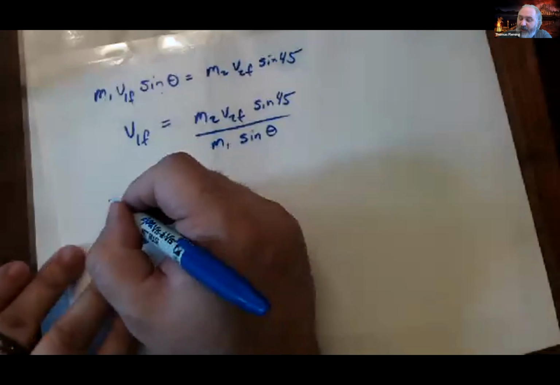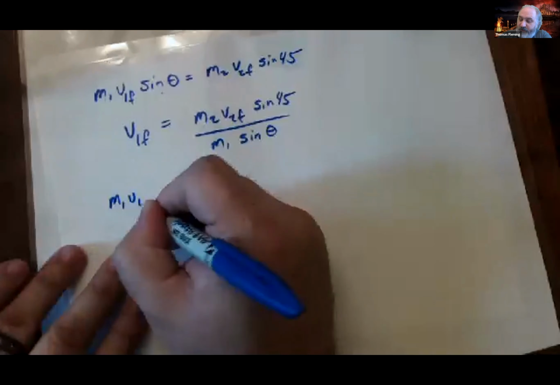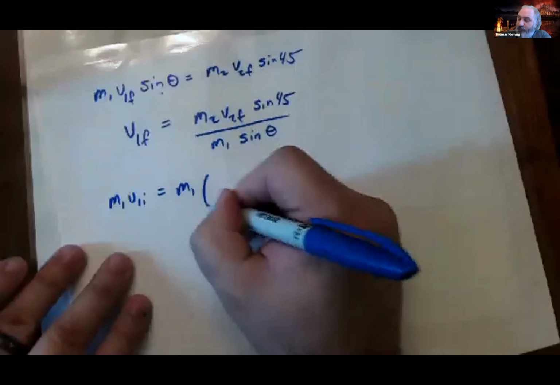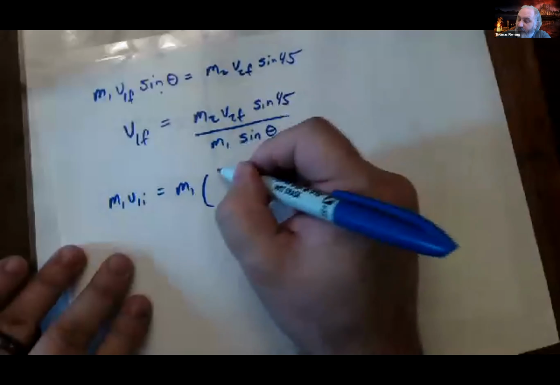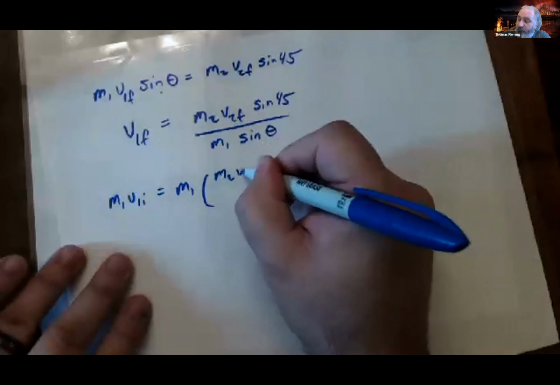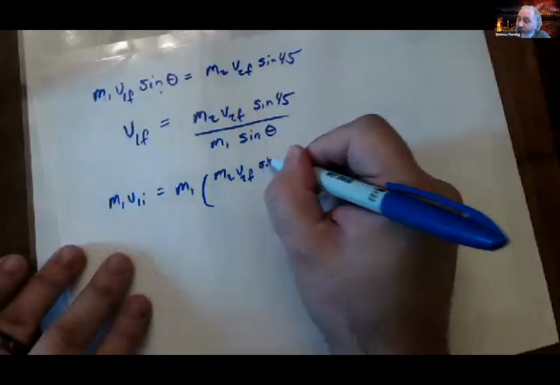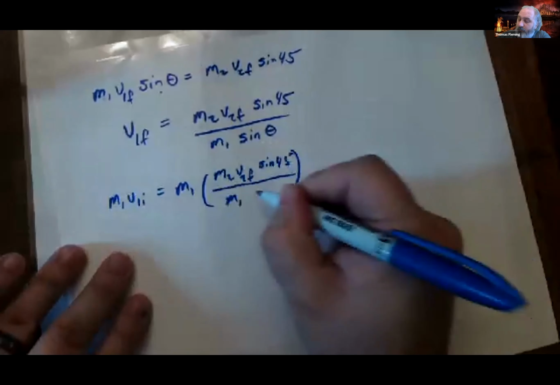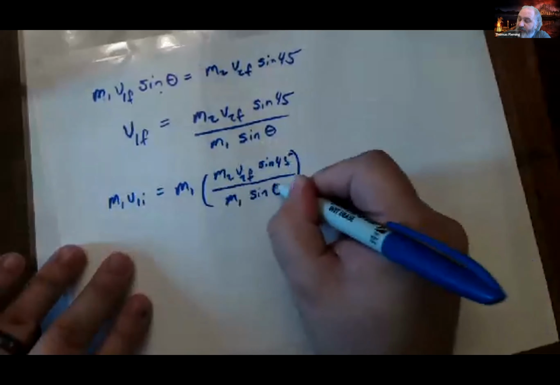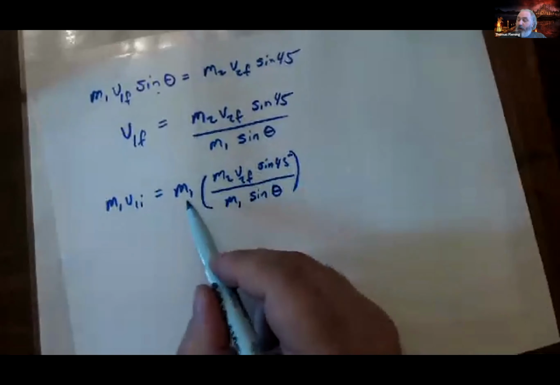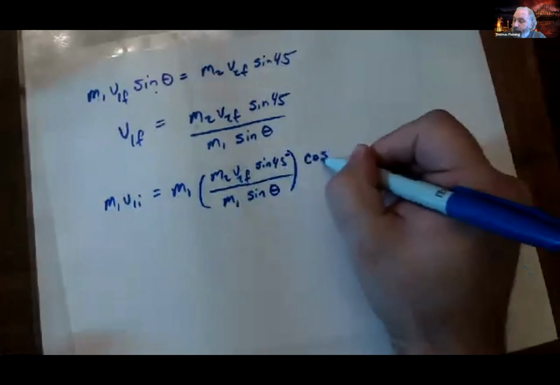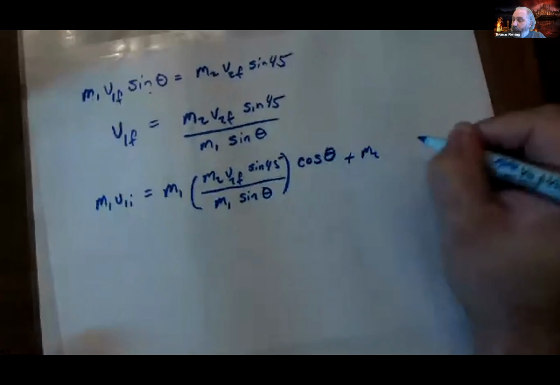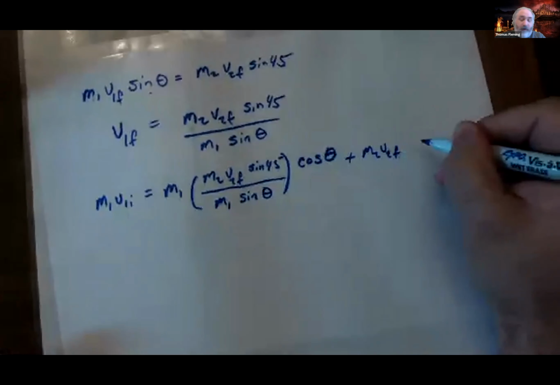So for that equation, I'll have M1 V1 initial equals, and I'm going to have M1 times V1 final, which is all this, M2 V2 final sine 45 over M1 sine of theta. So that times the cosine of theta plus M2 V2 final. Hold that thought.